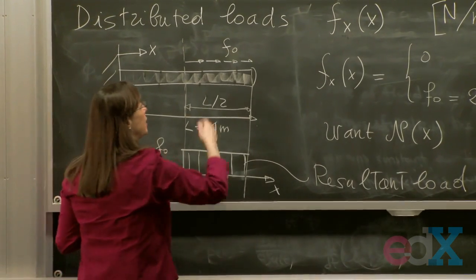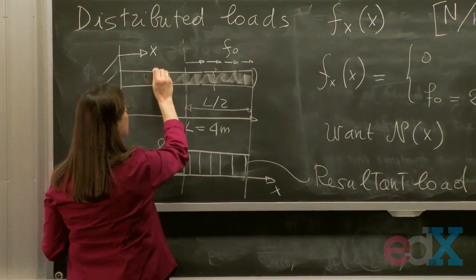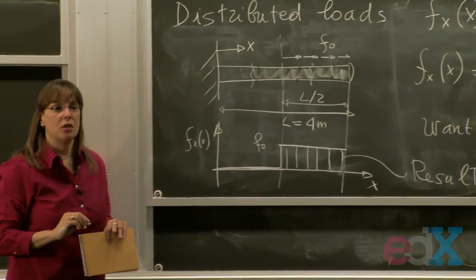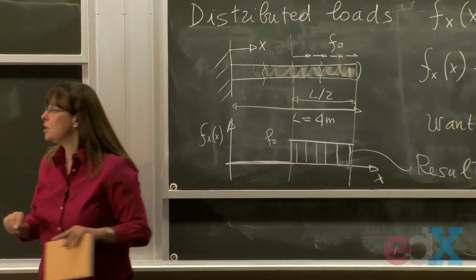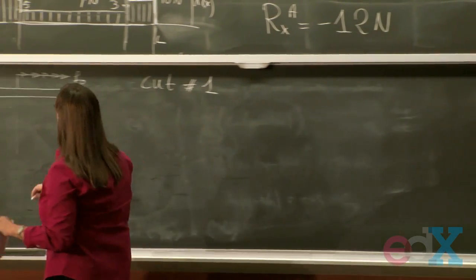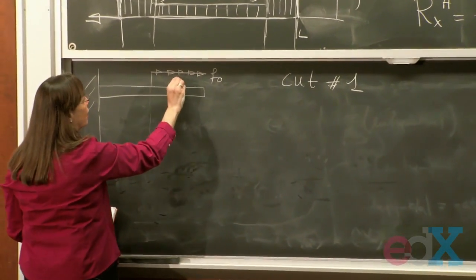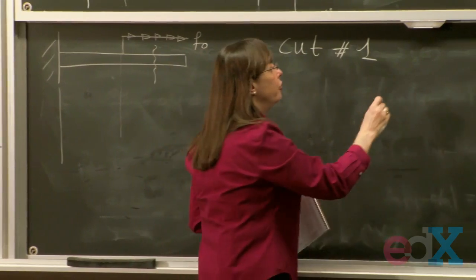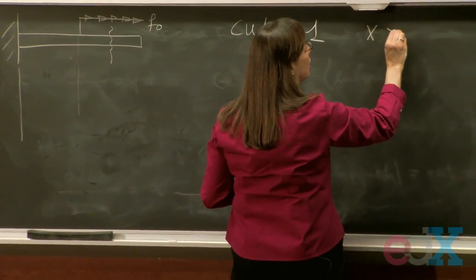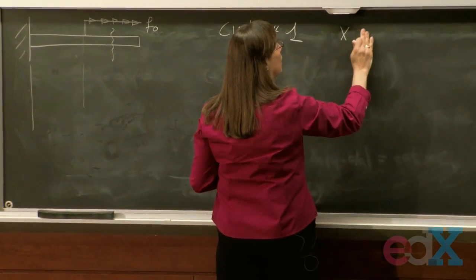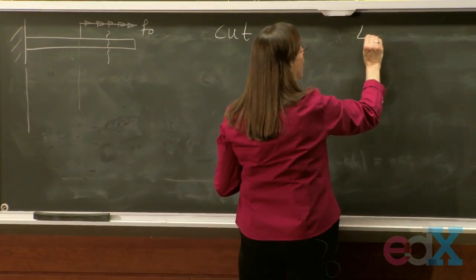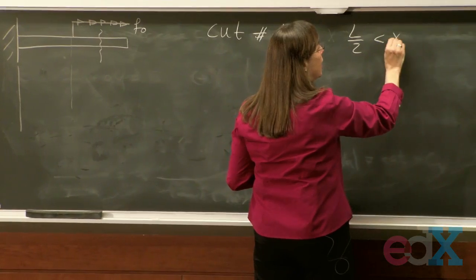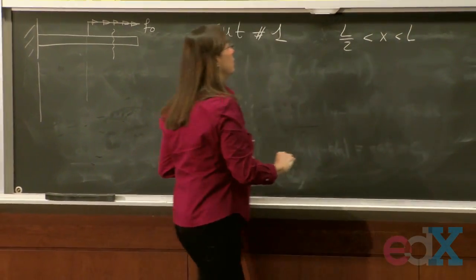So I can see already that I need to do at least a couple of cuts to figure things out. You see that? All right, so let's do our first cut right here. This is our cut number 1 that we're going to do for L over 2 less than x less than L.